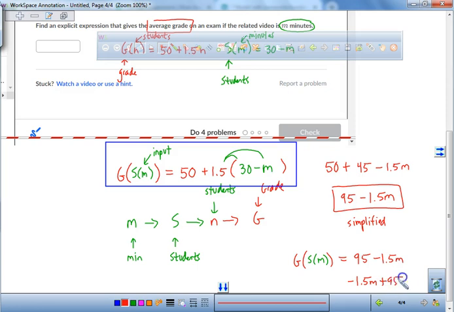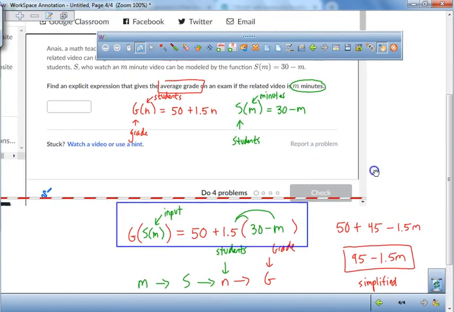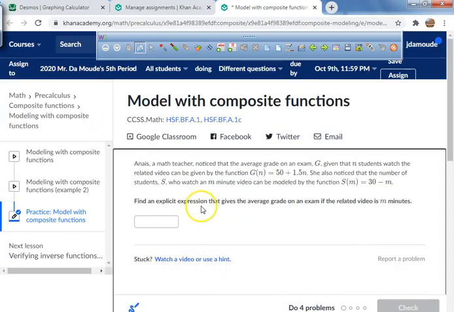Now this is the simplified version, but right now I'm going to show you that in Khan Academy, as long as you type things in correctly, you don't have to simplify unless it says simplify. So I'm going to type in 50 plus 1.5 open parentheses. See where it says M minutes? That means I'm taking this guy right here and plugging him in right there.